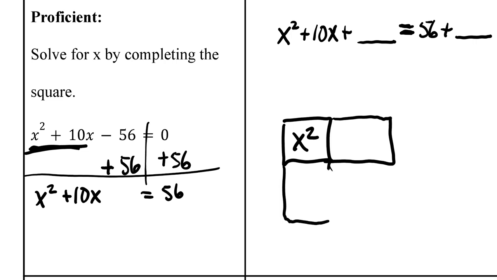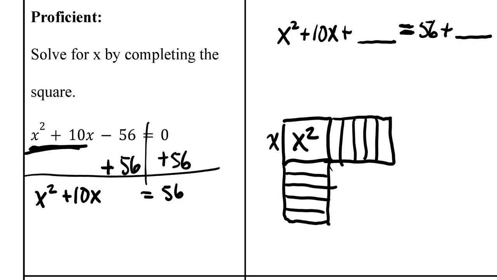5x here and 5x here. So this is, let's say, 1, 2, 3, 4, 5, and 1, 2, 3, 4, 5. And then this is kind of in the process of being a square. This is x and this is x. And then this down here is a positive 5.